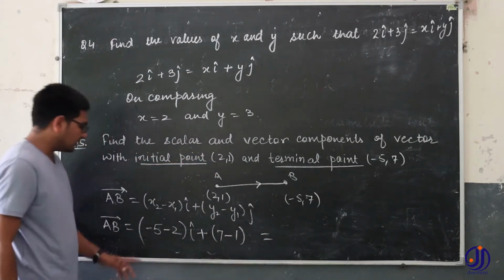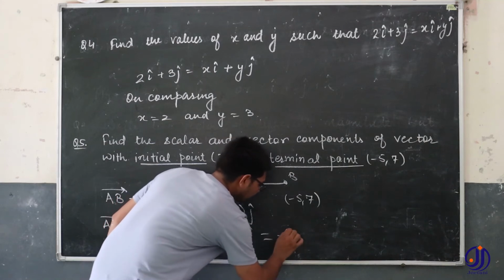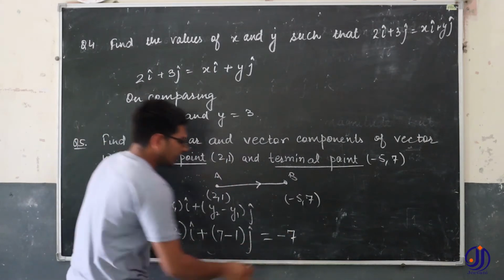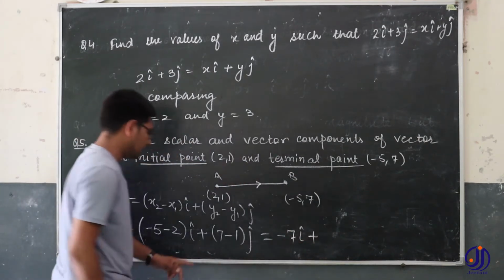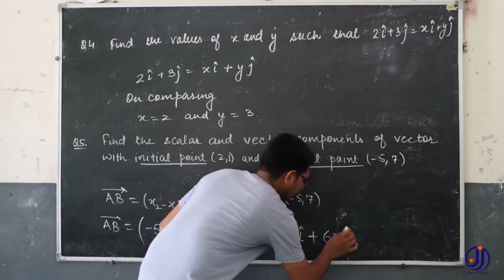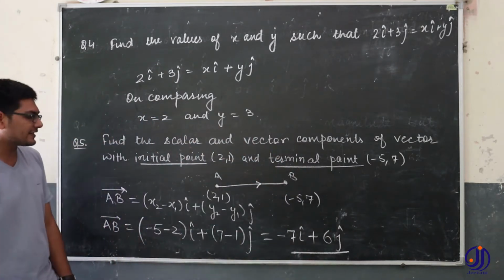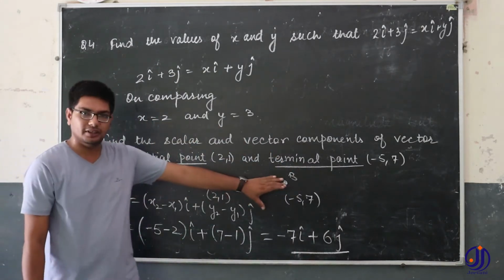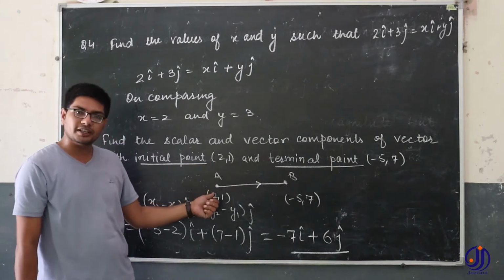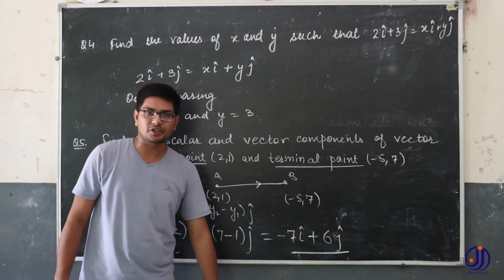Just solve it. Minus 5 minus 2 becomes minus 7, so this becomes minus 7 i cap plus 7 minus 1 becomes 6 j cap. Minus 7 i cap plus 6 j cap is the vector AB. It is starting from point A and terminating at point B. Okay. Now let us move to the next question.